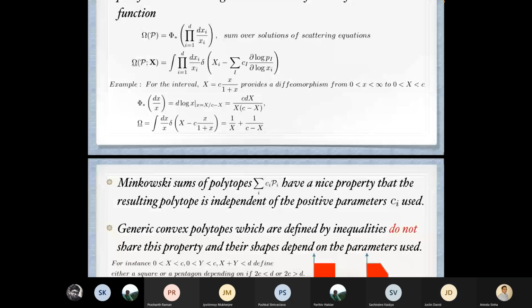Now, the nice thing about the ABHY associahedron that we defined is that it also shares this property. Even though it's defined by inequalities, it's independent of the Cijs as long as the Cijs are positive.